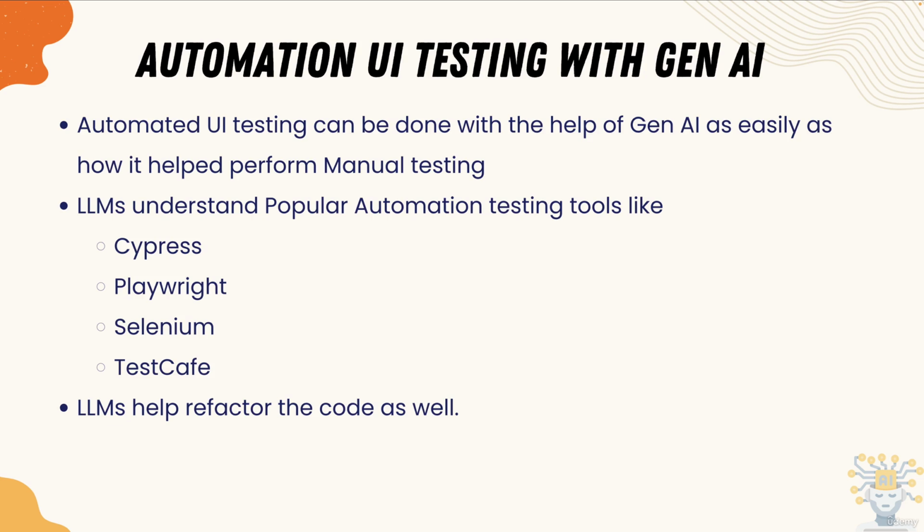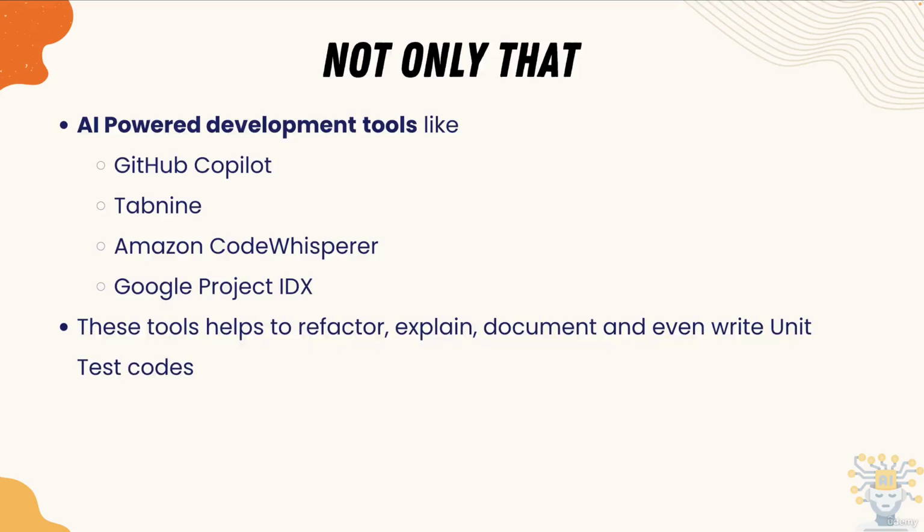And not only that, these large language models offer even more exciting features. You can also use AI-powered development tools like GitHub Copilot, for instance, Tabnine, Amazon CodeWhisperer, or Google Project IDX to perform even better coding.